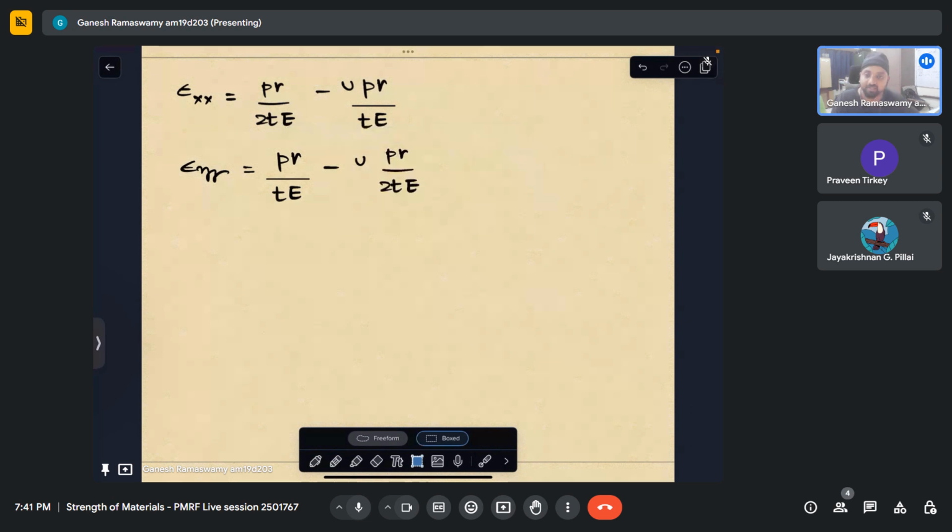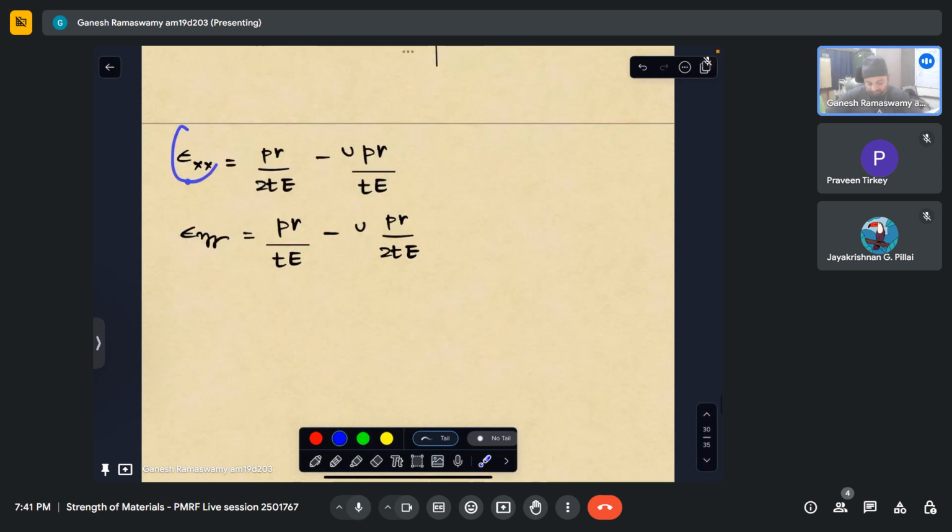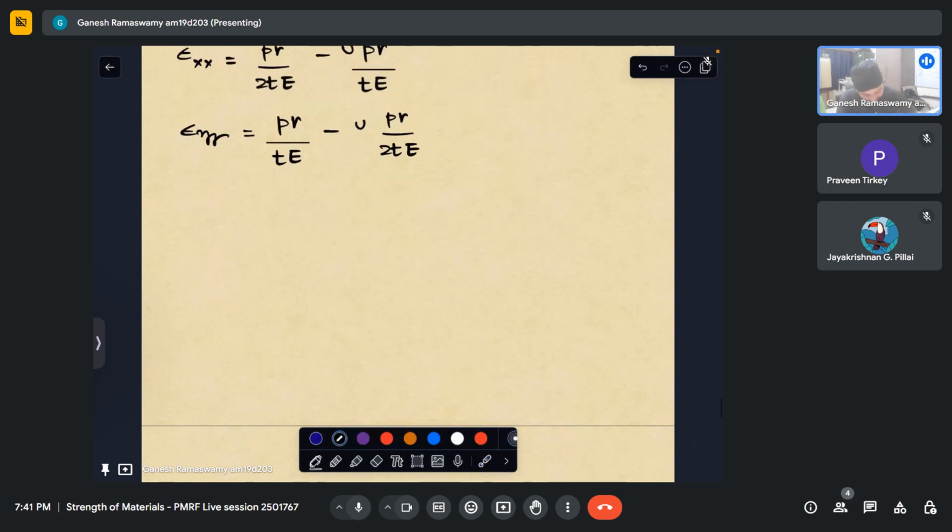What are the unknowns? We have P, the pressure, as an unknown. We have mu as the unknown. E is not as such unknown because we know it in terms of G and mu. Mu anyway is an unknown and G is given. And we have the strains here. That is already known. So let me just substitute those things. So from here, what is 2TE?